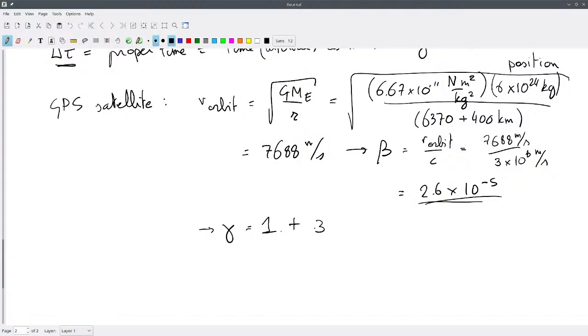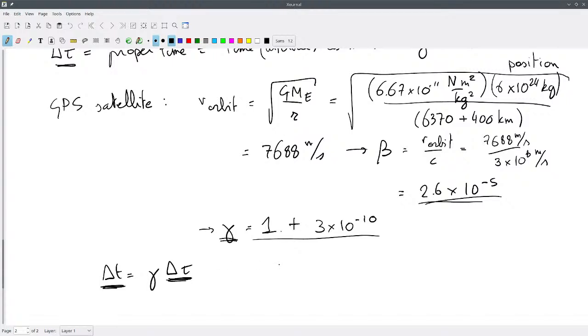But you'll find it's 1 plus 3 times 10 to the minus 10. That's the factor with which we have to multiply the time as measured on a GPS satellite to get the time as measured on Earth. So time intervals delta t will appear longer than the same time interval measured on the satellite.